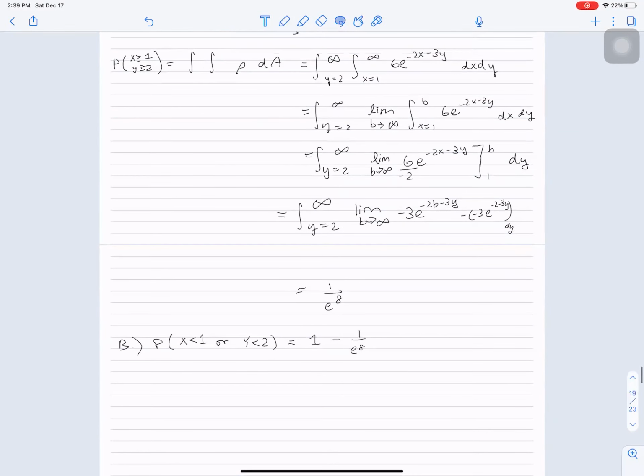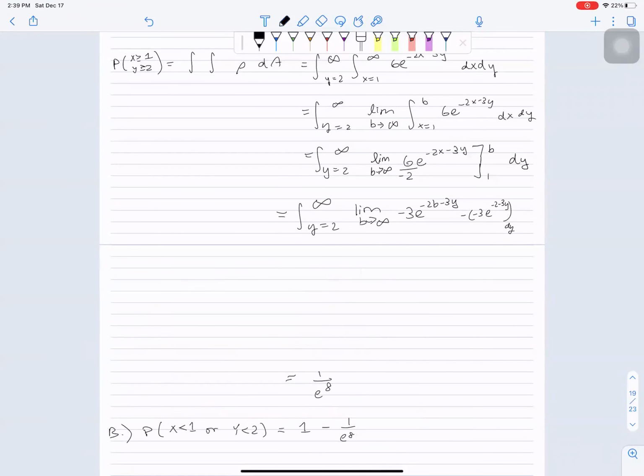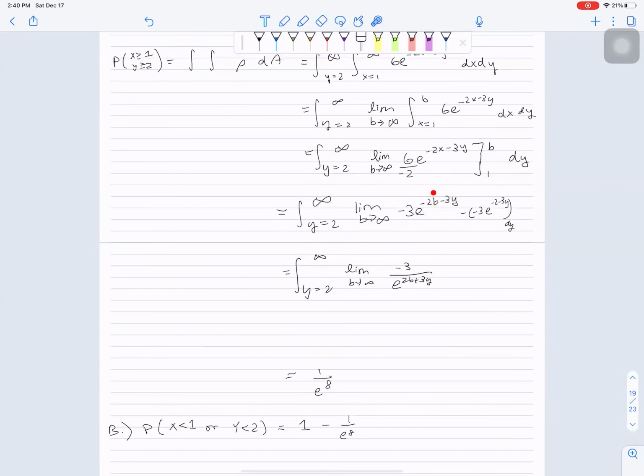Okay, what's another way to write when I have negative exponents? So I have the limit as b approaches infinity of negative 3 over e^(2b+3y), plus 3 over e^(2+3y) dy. If I have a negative exponent and I want to bring it to the denominator, the negative disappears.